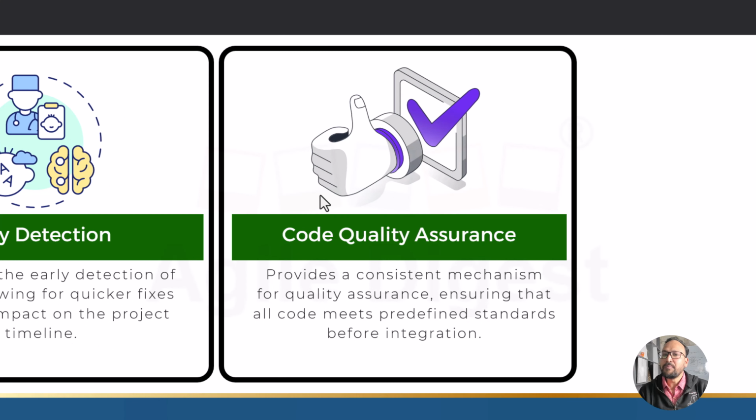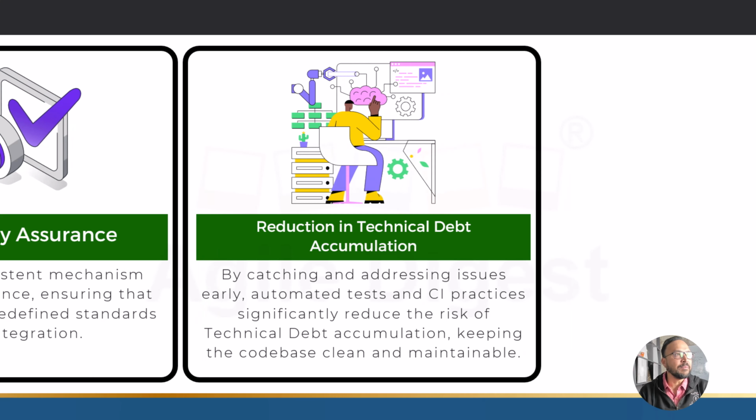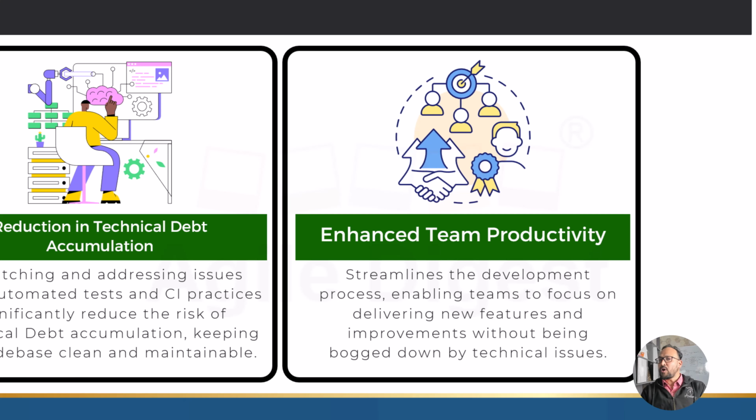By catching and addressing issues early, automated tests and CI practices significantly reduce the risk of technical debt accumulation, keeping the code base clean and maintainable. And enhanced team productivity. Streamlines the development process, enabling teams to focus on delivering new features and improvements without being bogged down by technical issues.